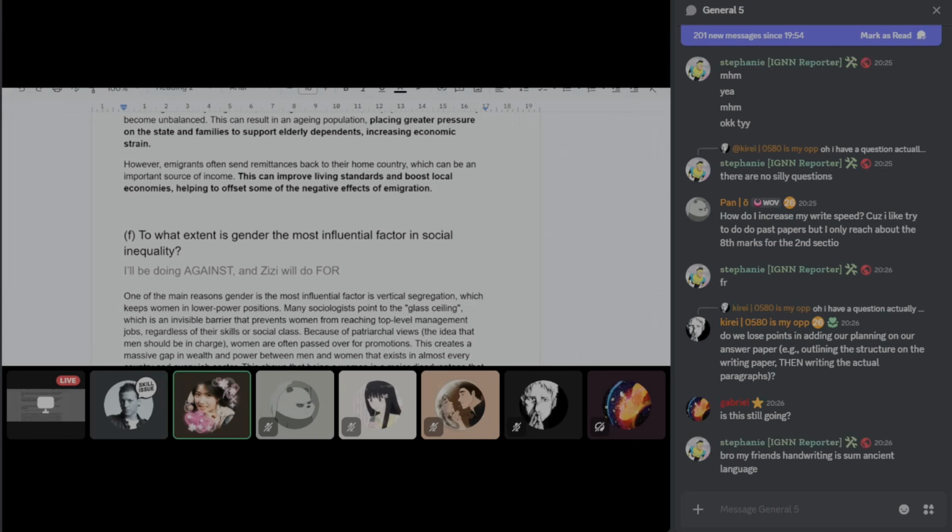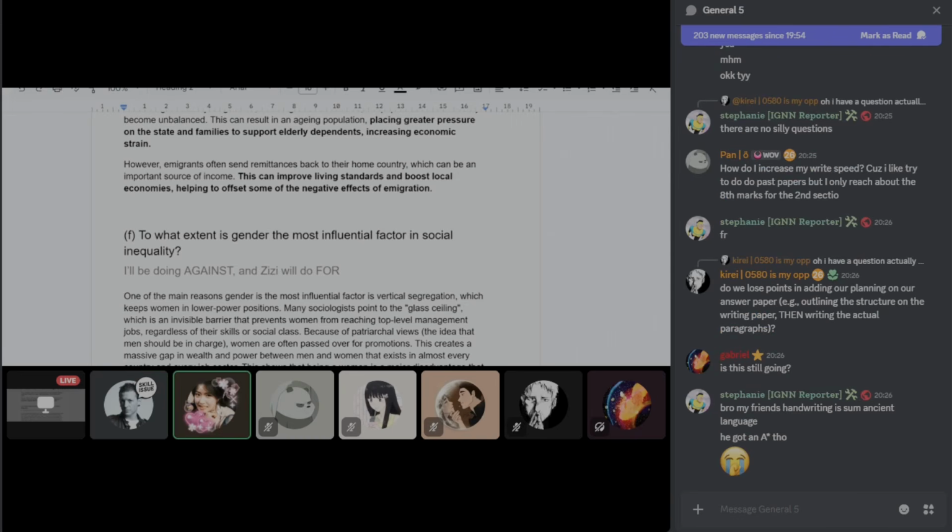Do we lose points in adding our planning on our answer paper, outlining the structure on the writing paper, then writing the actual paragraphs? I don't think so, because later in the exam you'll be given a separate question paper and a separate writing paper. What I personally do, even though I haven't taken the exam, in my tests or mocks, is write my planning on the question paper.